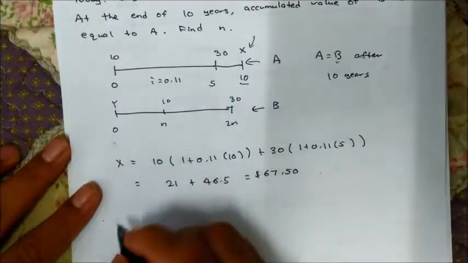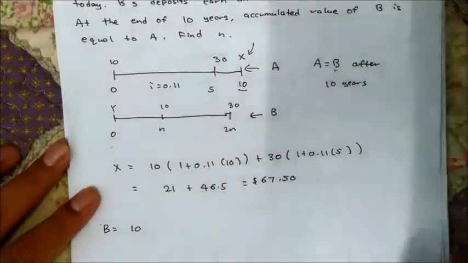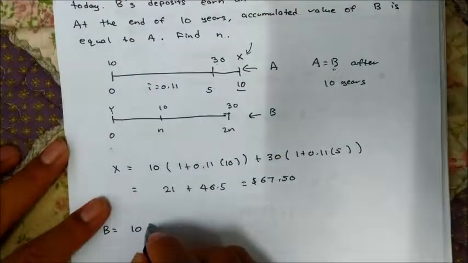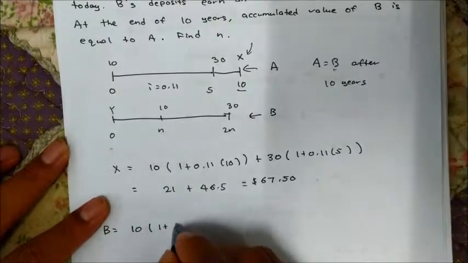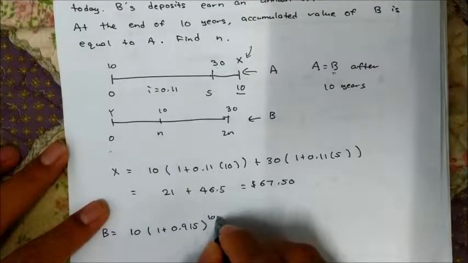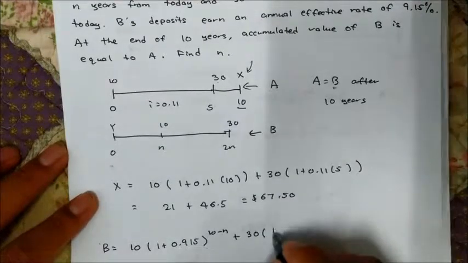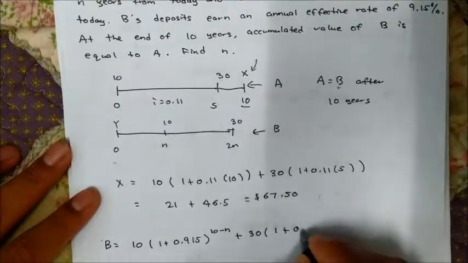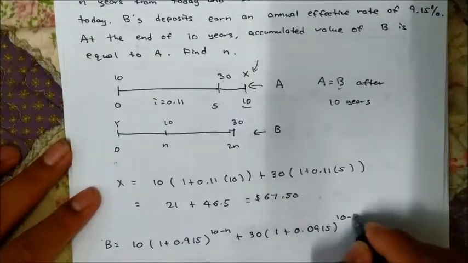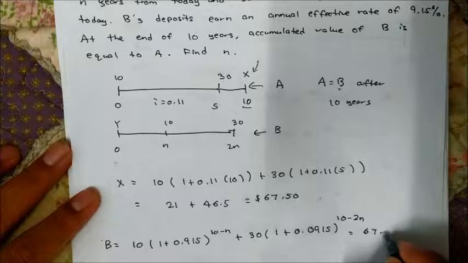So since the question said that Fund B uses the annual effective rate, the formula is 10 times 1 plus 0.0915 to the power of 10 minus n, plus 30 times 1 plus 0.0915 to the power of 10 minus 2n, equals $67.5.